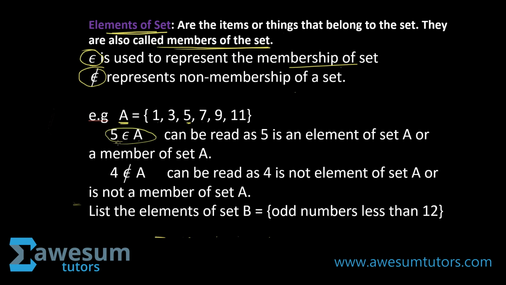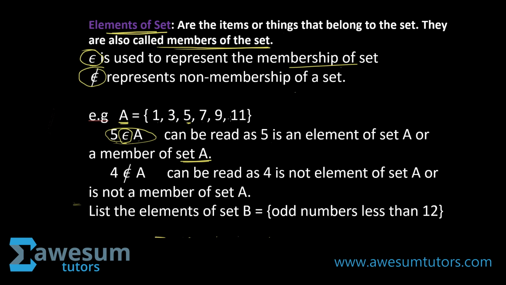You can read it as 5 is an element of set A, or 5 is a member of set A, because of this symbol. Why is that? 5 belongs to this set A, whose elements are 1, 3, 5, 7, 9, and 11.